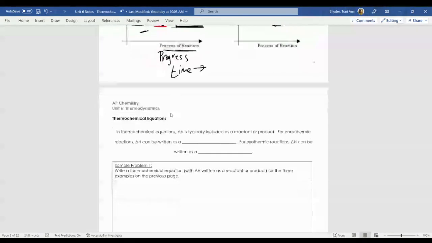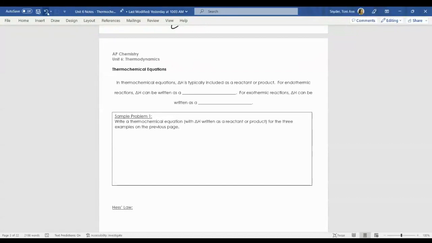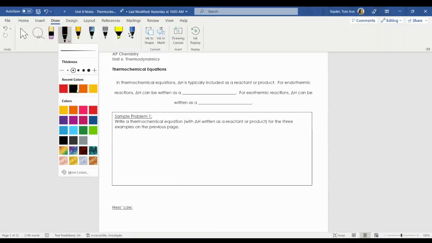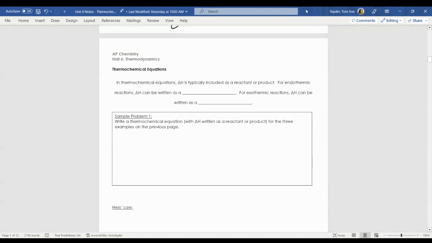Let's go ahead and take a look at some thermochemical equations right here, which we already started to look at on this last page. In a thermochemical equation, delta H is typically included as a reactant or a product. For endothermic reactions, we already said that delta H is a reactant.